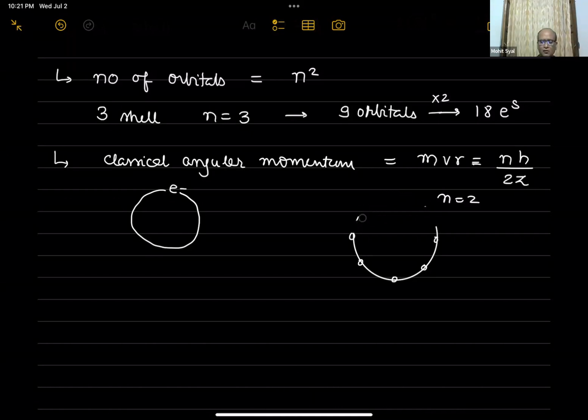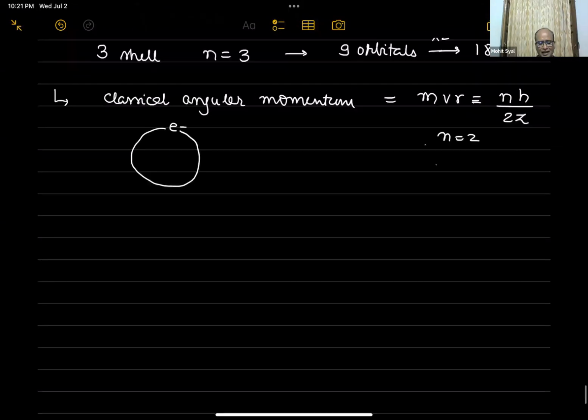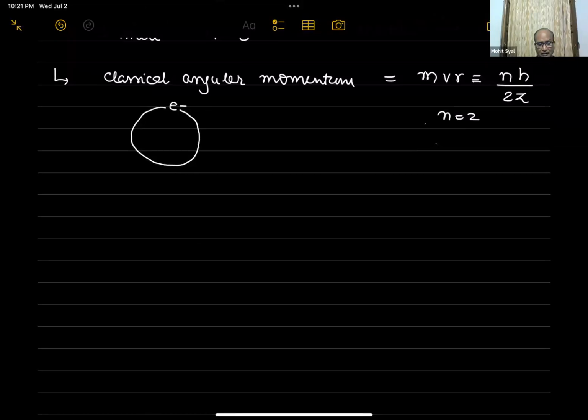Got it? So we need more details to describe the orbitals present in the shell. For each n, there is another number which is linked to n, the secondary quantum number, known as l.